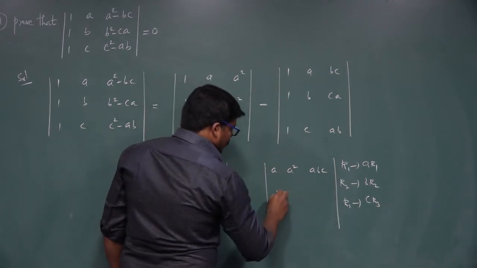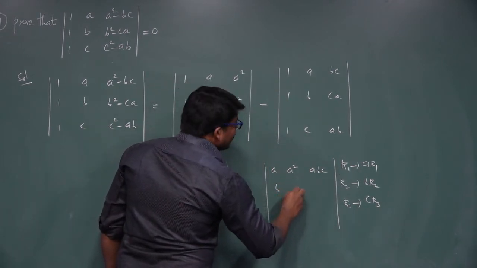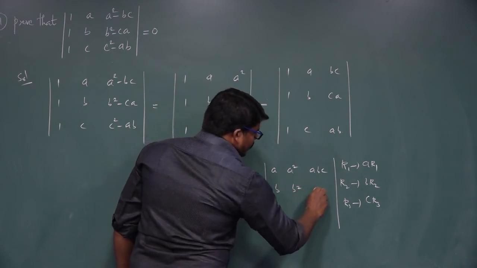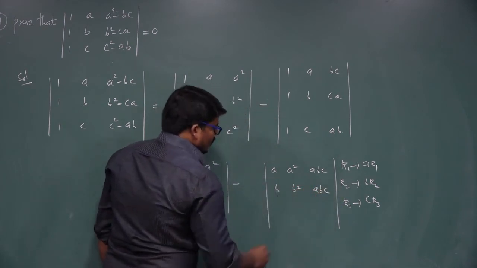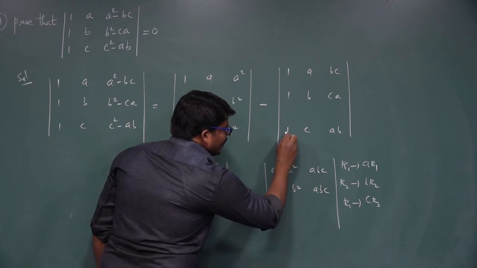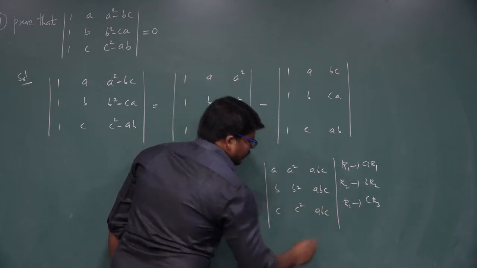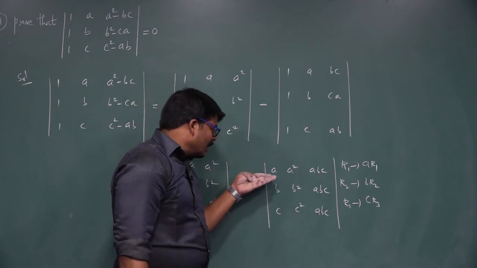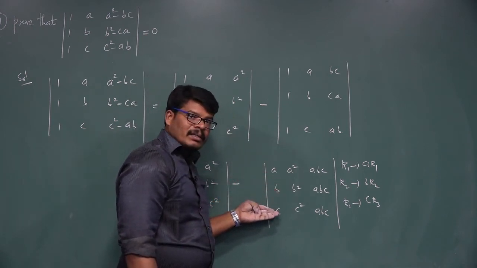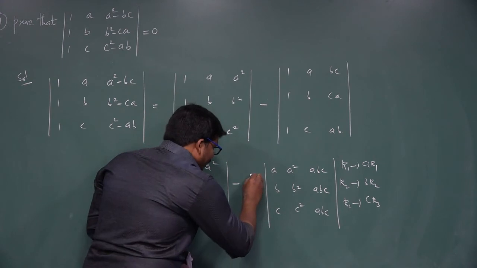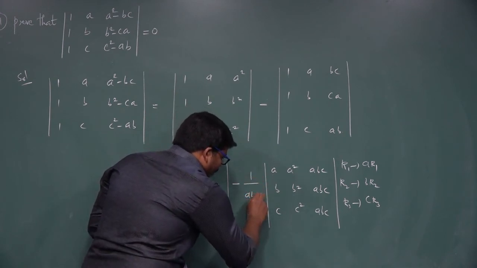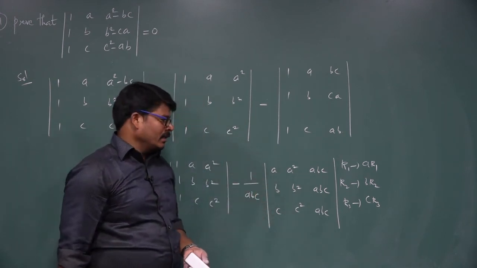The second row becomes B square, ABC. The third row becomes C multiplied by C is C square, and ABC. Now each row is multiplied by ABC, so we divide by ABC, 1 by ABC.